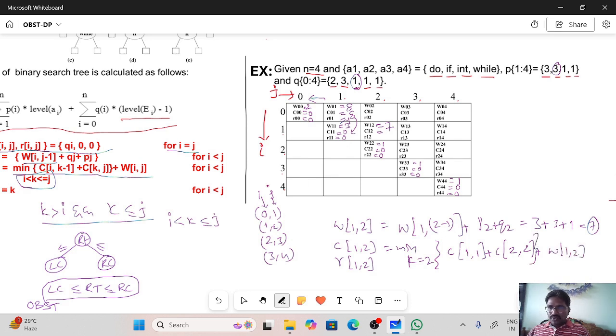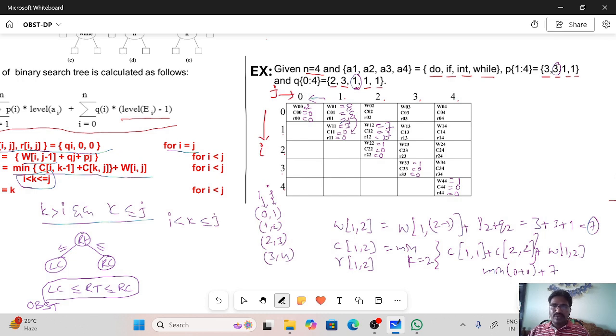So what is the value of C11? 0. What is the value of C22? 0. So nothing but the minimum of 0 plus 0 plus what is the weight of 1 2 calculated earlier? 7. So 0 plus 7, nothing but 7. So that is our cost. And this cost value is for which R value? Minimum k. What is the k? We have only one, it is a minimum, that is 2.